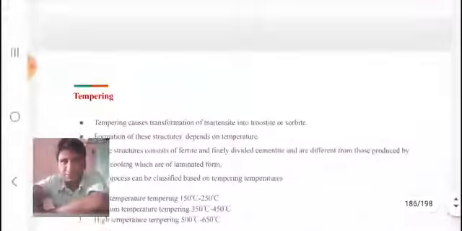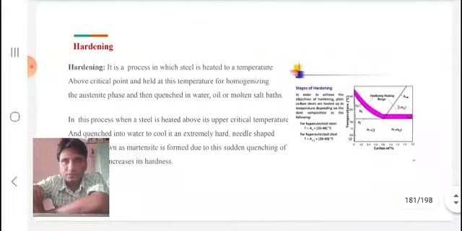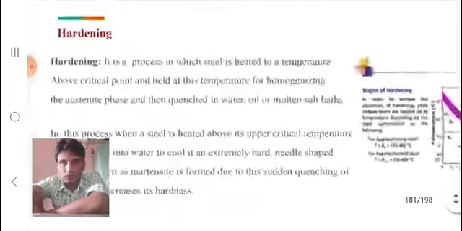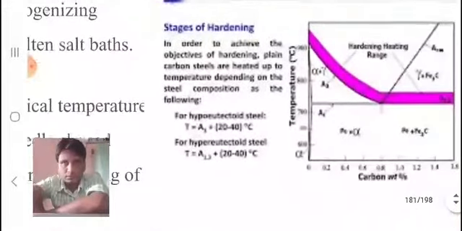We will see. This is the hardening temperature zone shown in the figure.